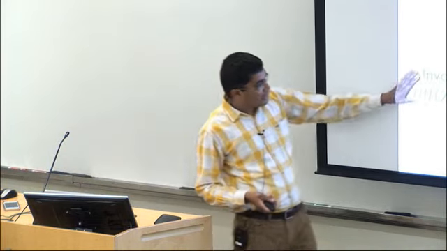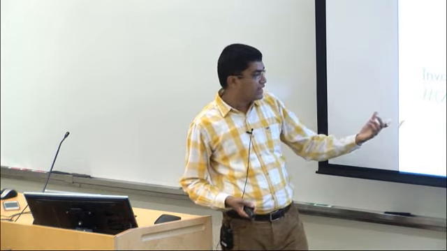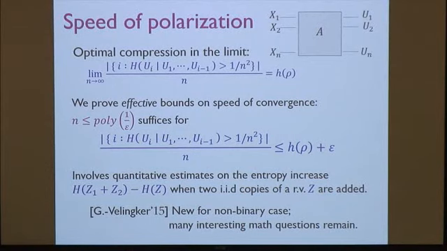And really the core step which one needs to analyze is that if you have a random variable Z and you take two IID copies of this, how much will the entropy increase? You need to quantitatively estimate this, and that's the key to getting these quantitative bounds. These questions become harder in the general prime case, and we don't have very good answers.